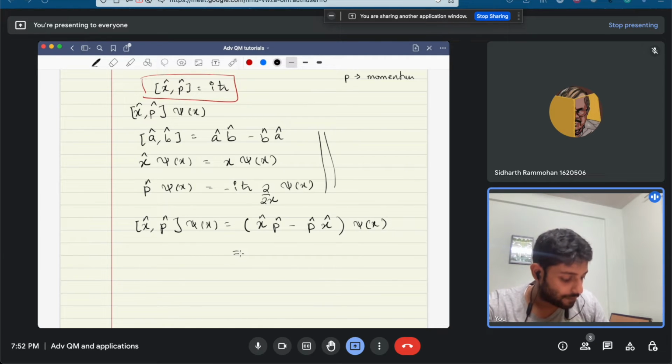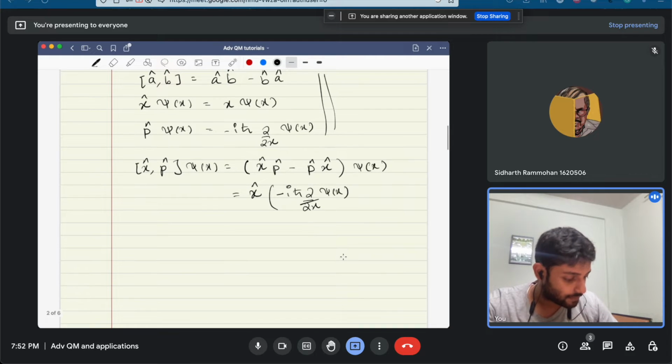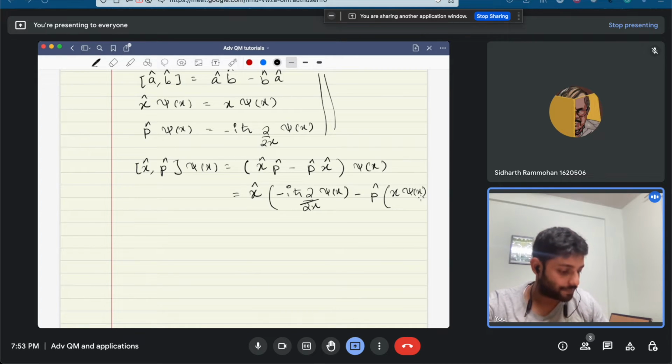What we will have is x operator and minus i h bar del by del x psi of x, and for the second case we will have minus p x psi of x.